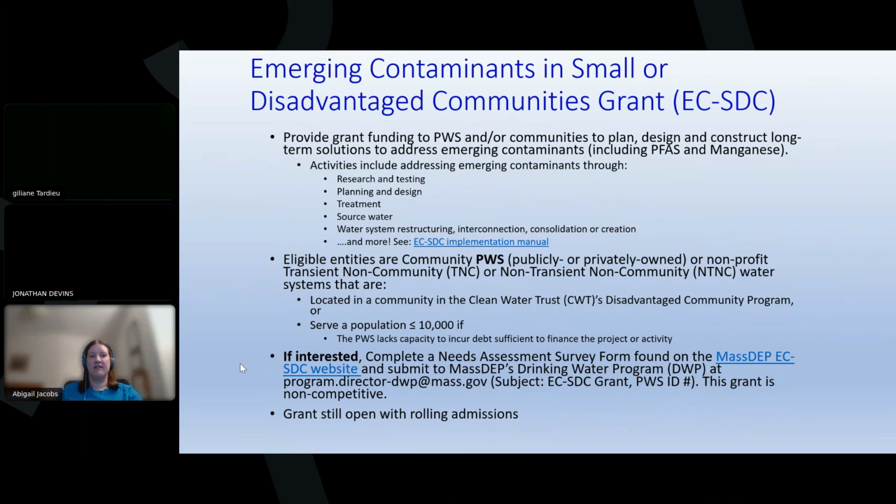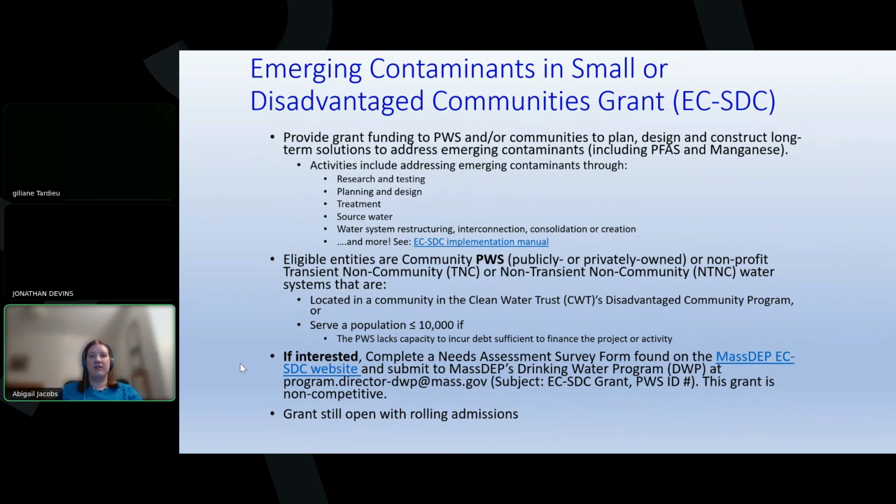That PWS that's only small and not disadvantaged would have to show that they lack capacity to incur debt sufficient to finance the project. If you have questions on that, let me know. There are a few for-profit systems and TNCs that would be eligible if they were doing an interconnection as well. It's special eligibility, so reach out with that.